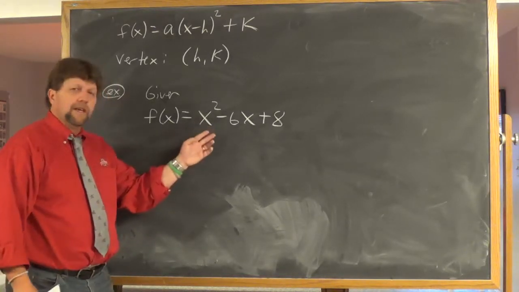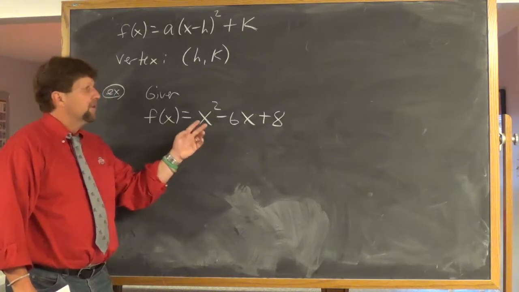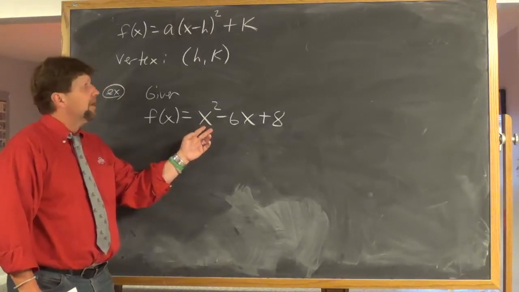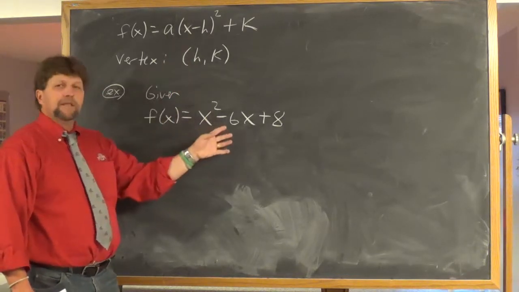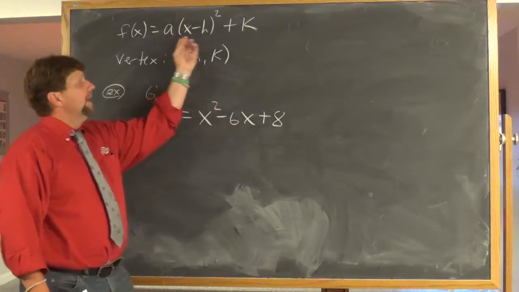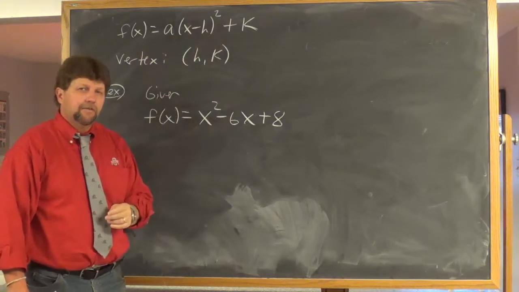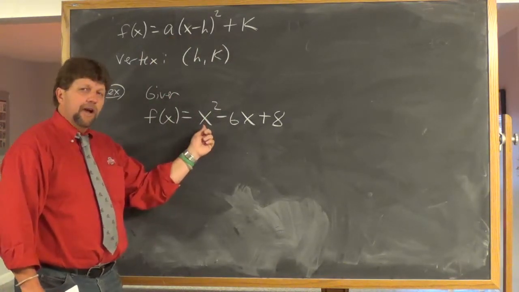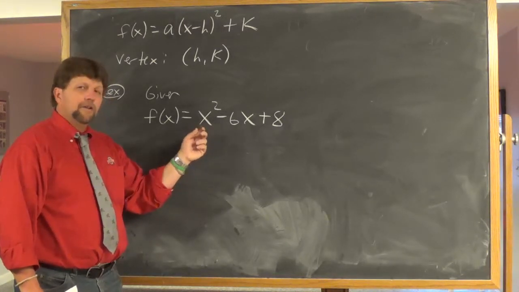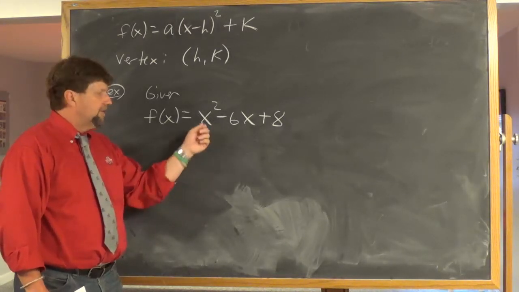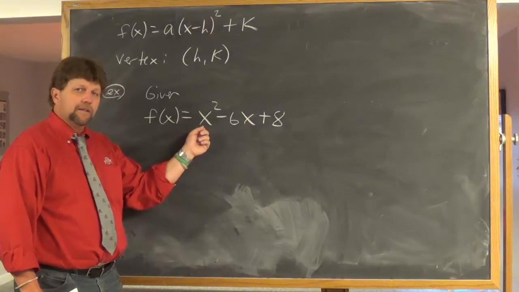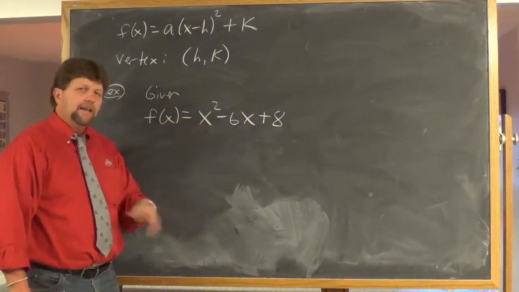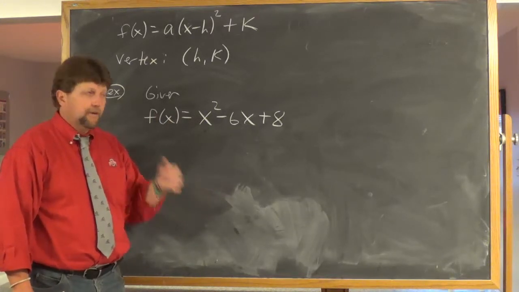If you're asked to do everything, don't think you have to take this form and go through the process of completing the square and get it into this standard form. You don't have to. I just showed you how to graph this one and how to use the vertex formula. I showed you everything about this. So if you're given something like this, attack it the way I just showed you in this video.